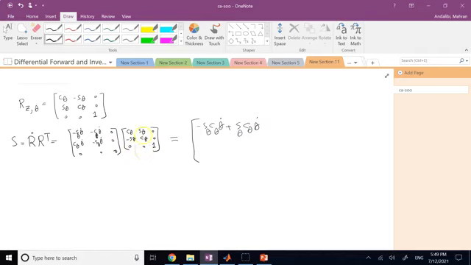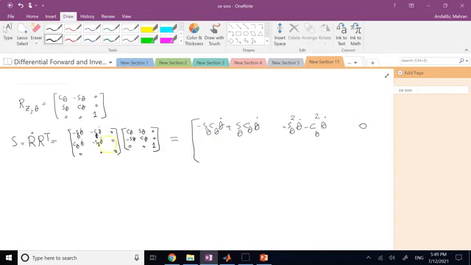First row times next column is going to be negative sine squared theta, theta dot, and then negative cosine squared theta, theta dot. Then 0. Then multiply by the third row, you're going to get all zeros.